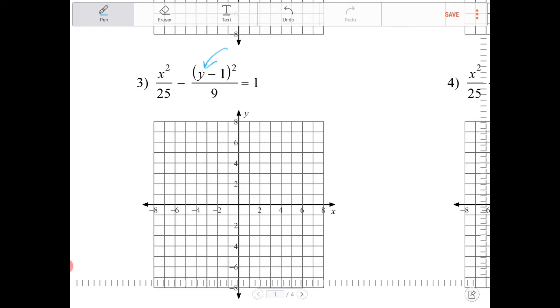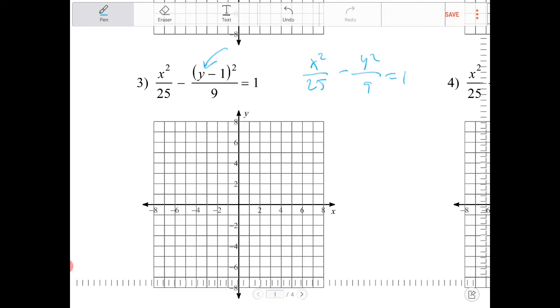We can think of this as the same graph as x squared over 25 minus y squared over 9 equal to 1. If I find out where the x-intercepts are, from there I can then shift everything. So it's very similar to that quote-unquote trick that I did in the previous video involving the ellipse.